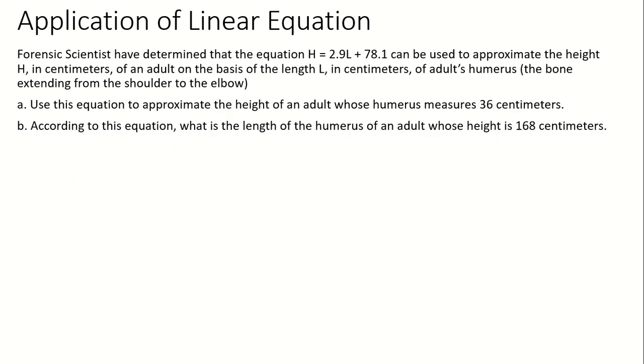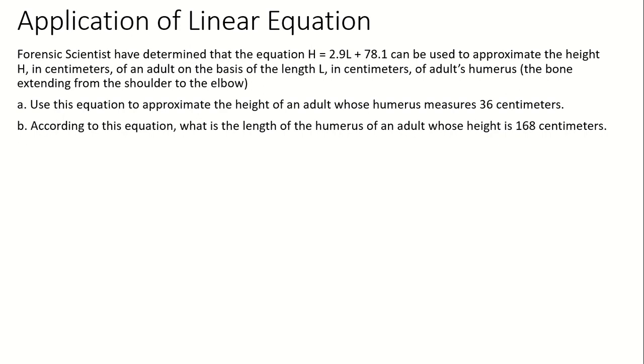Next, let's do some applications of function, specifically linear equations. So let's have the problem. Forensic scientists have determined the equation h is equal to 2.9L plus 78.1 can be used to approximate the height h in centimeters of an adult on the basis of length L in centimeters of the adult's humerus, the bone extending from the shoulder to the elbow.